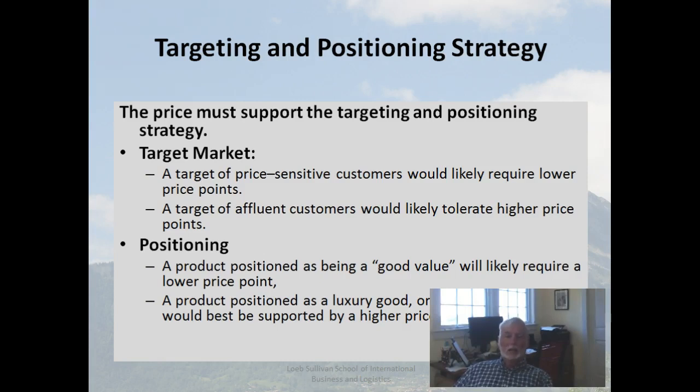If I'm selling merino wool socks in more specialized retailers, I can probably have a higher price point because it's more of a luxury good, and I can tolerate a higher price point.